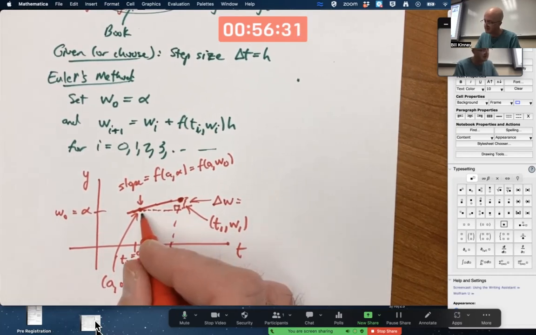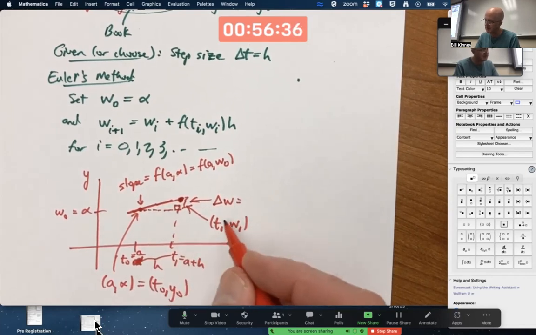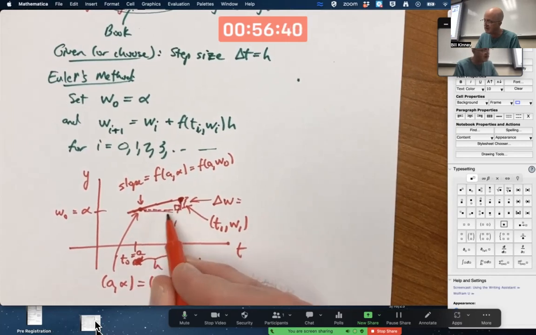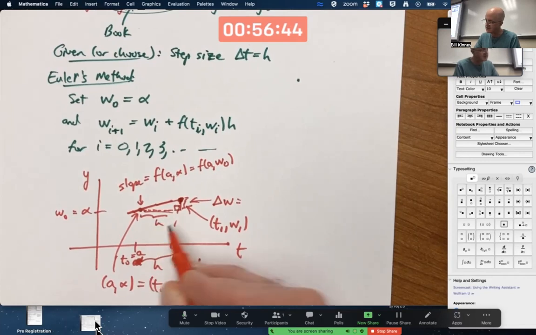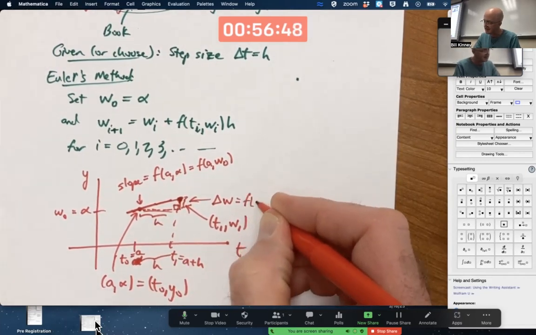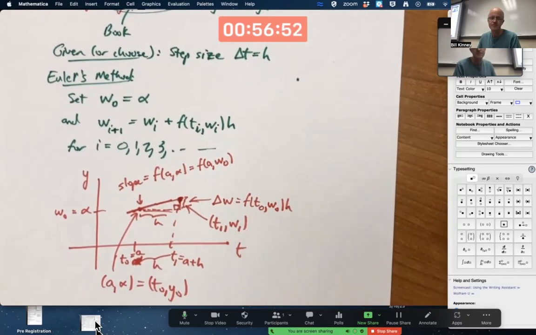Slope times the change in t gives you the change in w along that line. Another way to think of that is the slope is the ratio, rise over run, delta w over h. This distance right there is h. So delta w is f of t naught comma w naught times h.